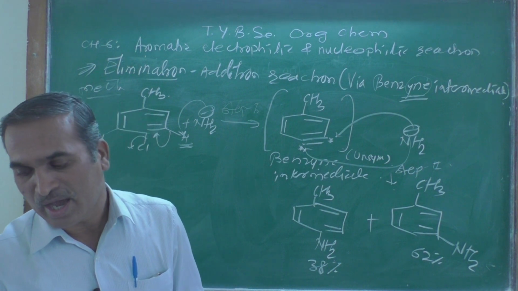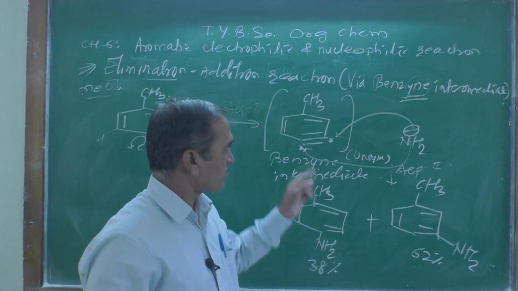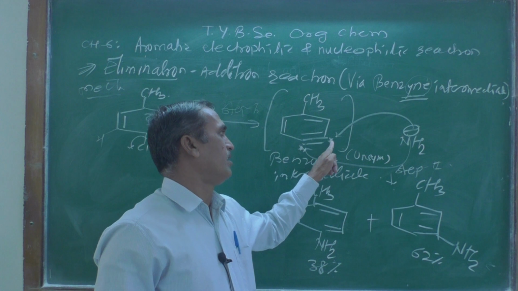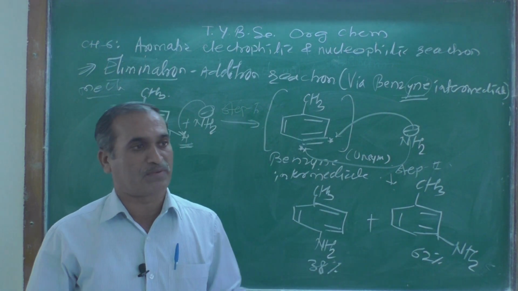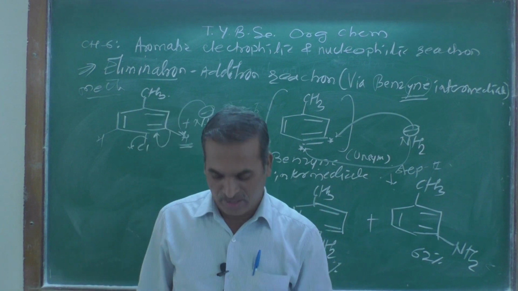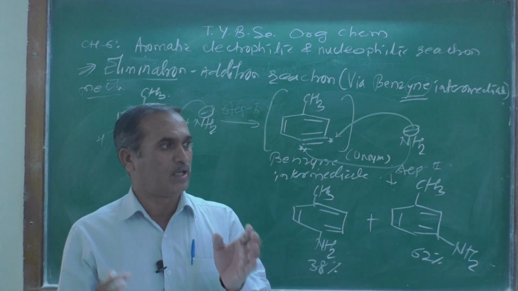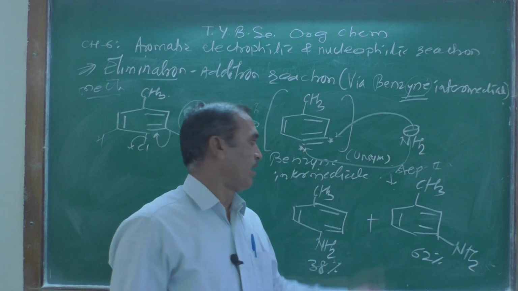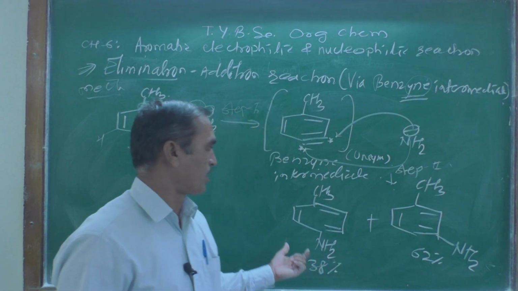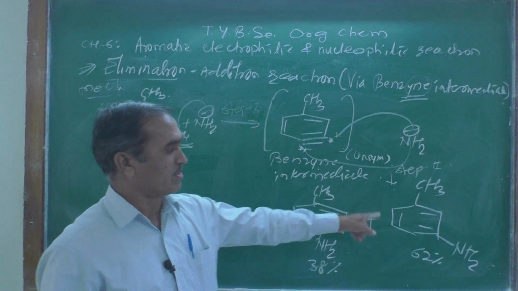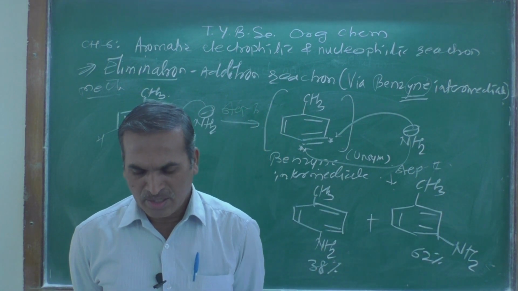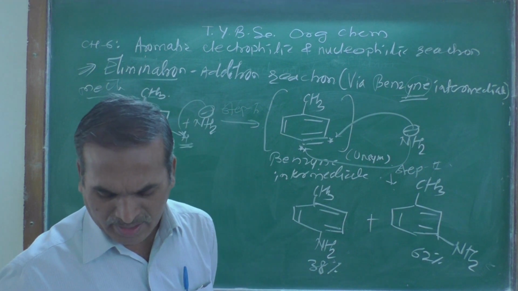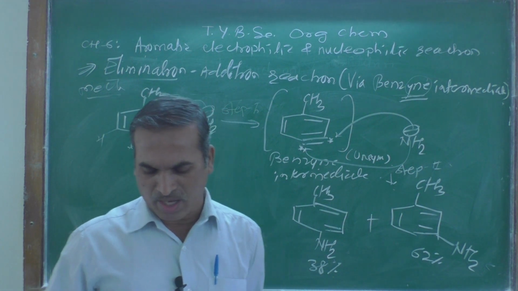The second step is the attack of the nucleophile on the benzyne intermediate and abstraction of a proton from the solvent, generally liquid ammonia, resulting in the formation of para-amino methyl benzene and meta-amino methyl benzene. So in this way we are getting these types of products.